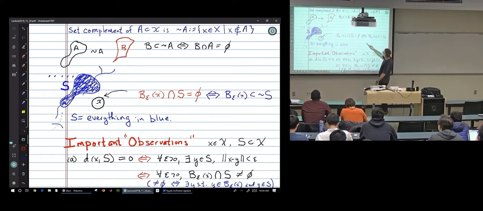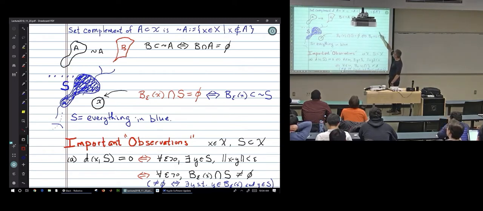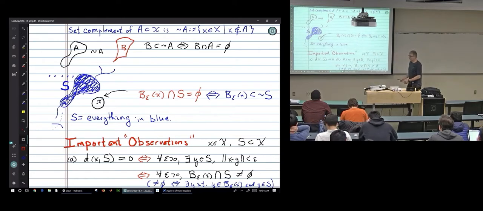And so once again, the ball of radius epsilon about x intersected with S is the empty set if and only if the ball of radius epsilon about x is contained in the complement of S. So that's the same thing as B intersected with A is the empty set. Okay.